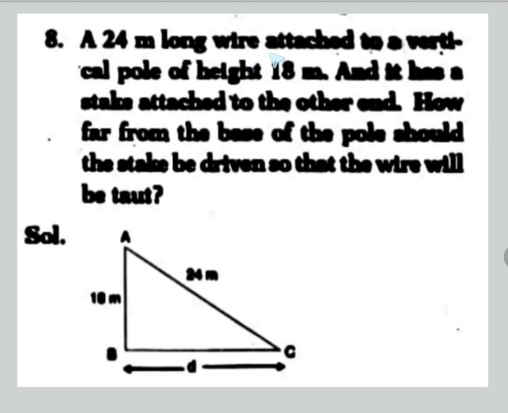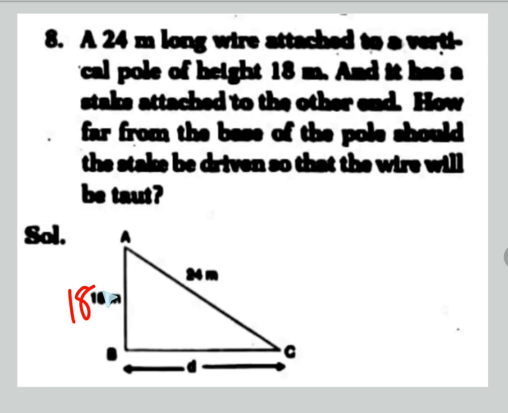A 24-meter long wire is attached to a vertical pole of height 18 meters and has a stake attached to the other end. How far from the base of the pole should the stake be driven so that the wire will be taut? Now look here. The height of the pole is 18 meters.